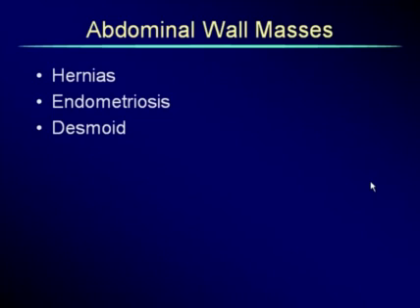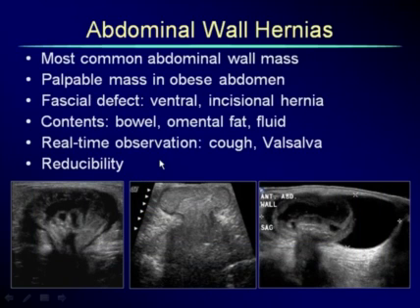And they point directly to the abdominal wall, where we can find hernias, endometriosis, and even unusual tumors like desmoids. Hernias in general are the most common abdominal wall mass. When the hernia is in an obese abdomen, it can be very hard sometimes to differentiate it as a hernia because it feels like a mass.